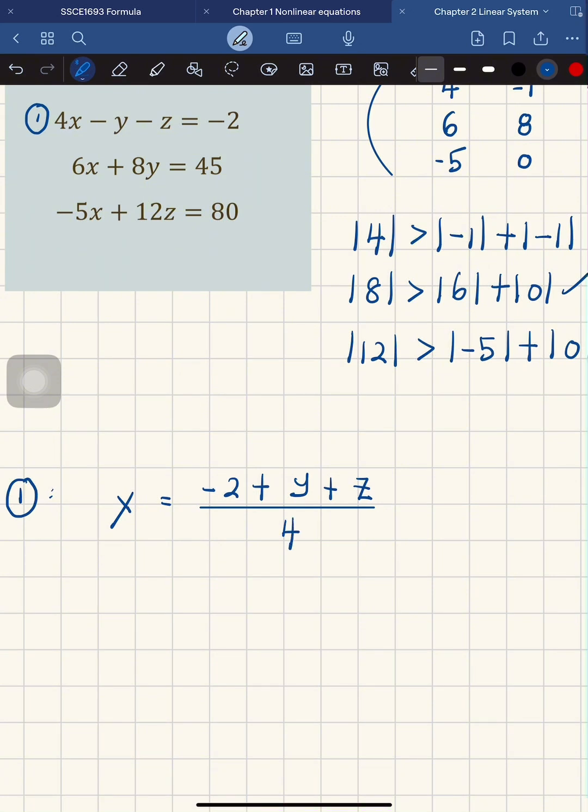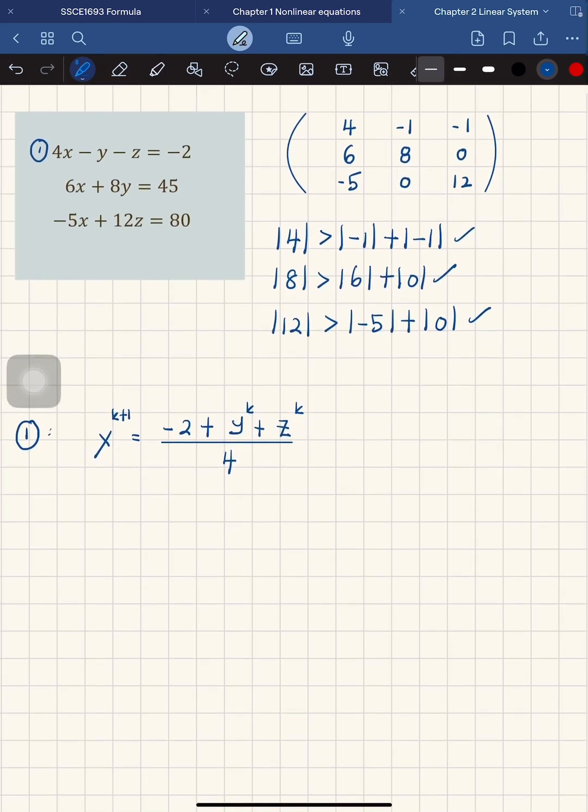This is for x: x^(k+1) in terms of y^(k), z^(k). And then from the second equation, we can get the value of y. So y is equal to 45 minus 6x over 8, with x at k plus 1, y at k.